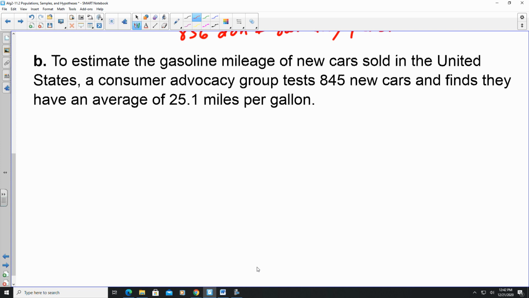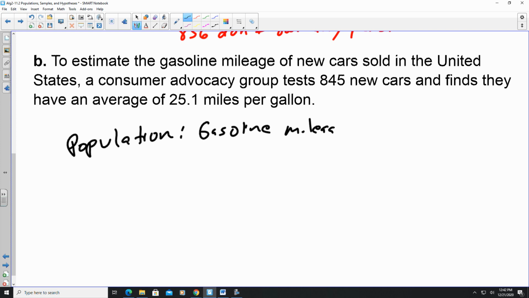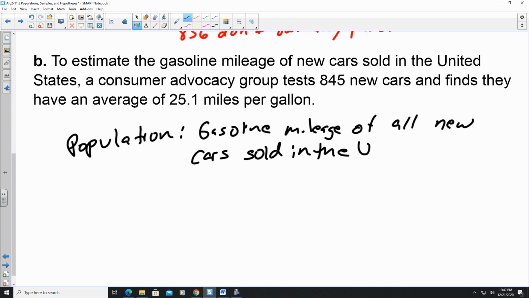So the population for this particular response is going to be the gasoline mileages of all new cars sold in the US. So that's the population.